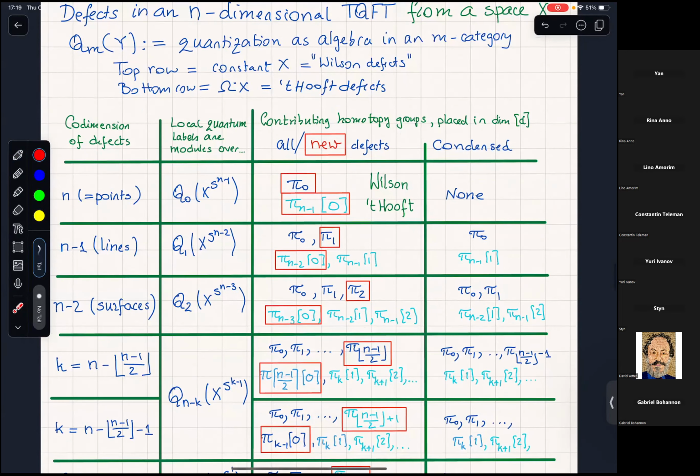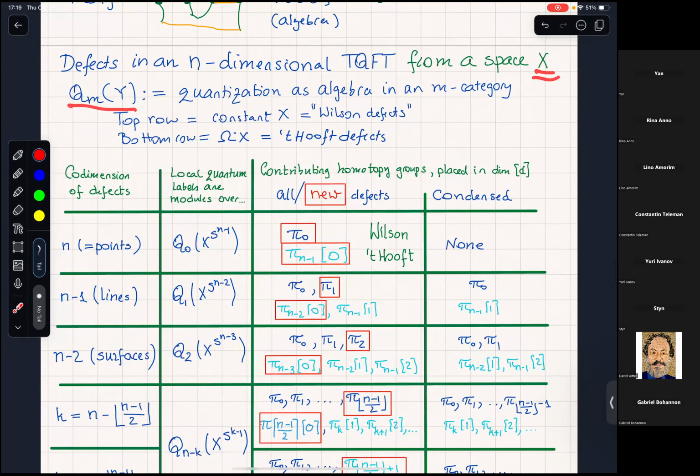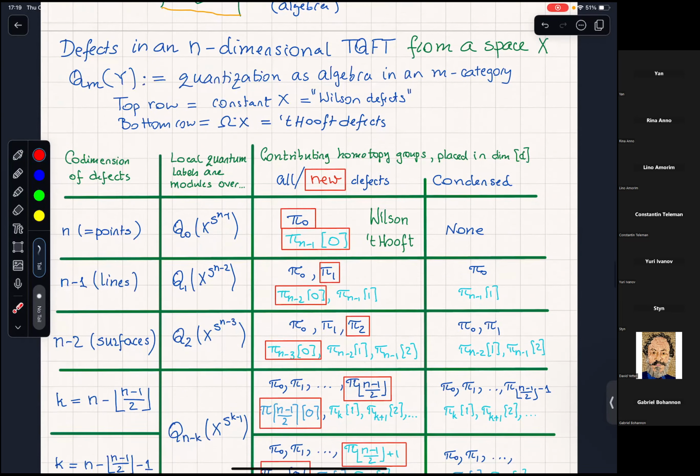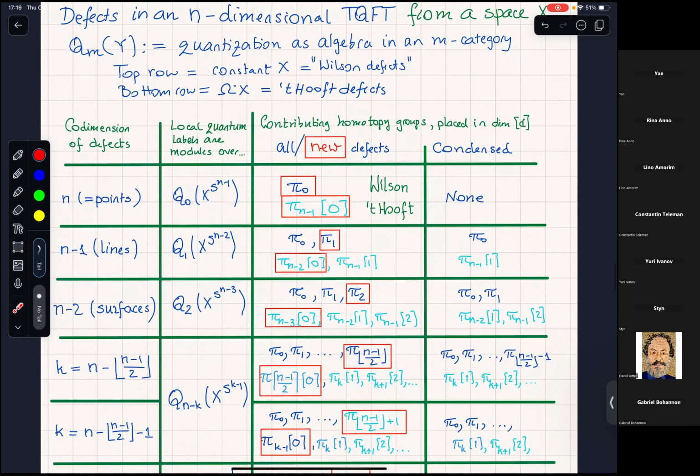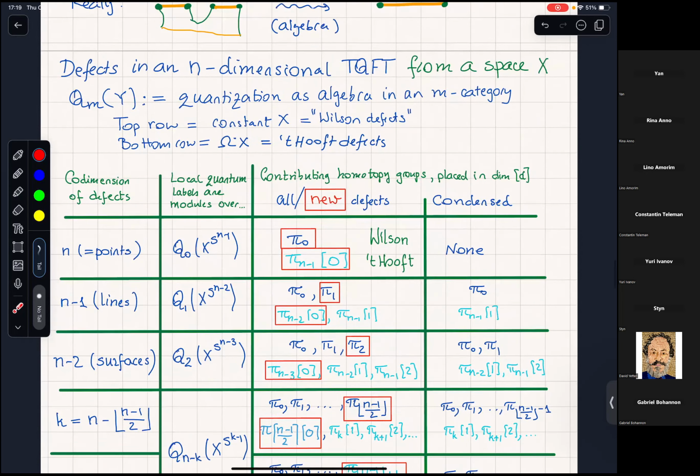Okay, let's start with the topological theory defined from a space X, and in general by Qm of Y for a space Y, I mean the quantization as an algebra in the M category I told you about. And now I'm going to look at defects of various codimensions in the theory generated by X specifically. And the defects will come in two rows.